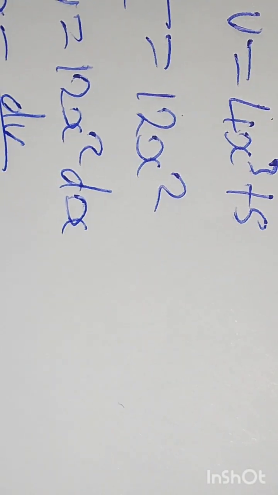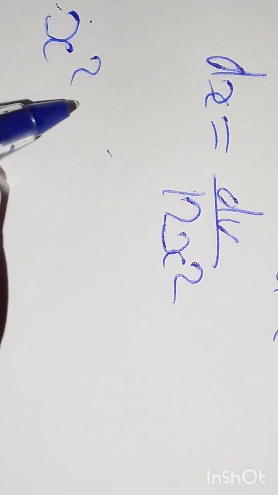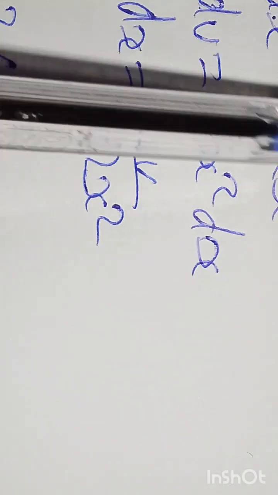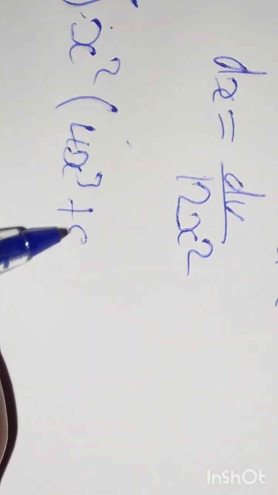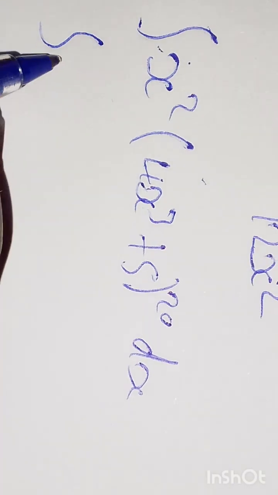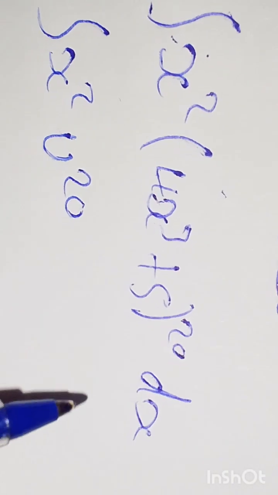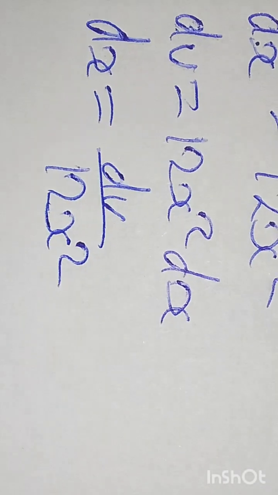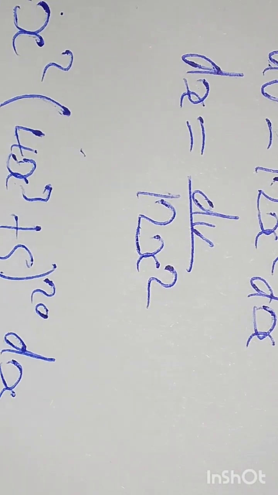Then you go back to the same question we were given, which was the integral of x squared (4x to the power 3 plus 5) to the power 20 dx, which becomes the integral of x squared u to the power 20. When then dx, we said let it be 1 over 12x squared du.